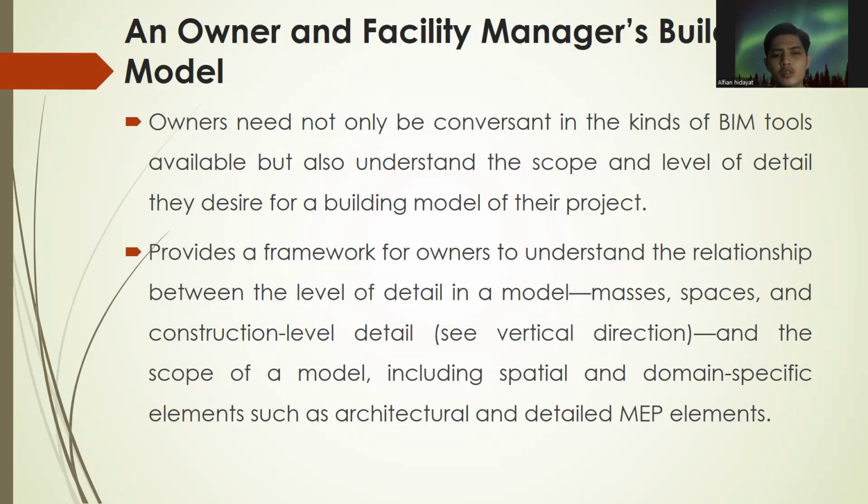An owner need not only be concerned with the kind of BIM tool available, but also understand the scope and level of detail they desire for a building model of the project. This provides a framework for owners to understand the relationship between the level of detail and the model mesh, space, and construction level data in the vertical direction, and the scope of the model, including spatial and domain-specific elements: architectural, mechanical, electrical, and plumbing elements.